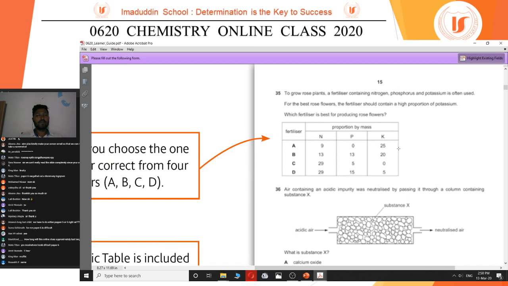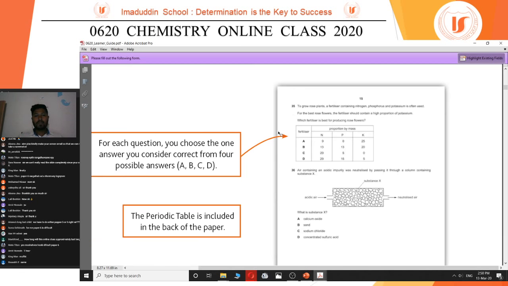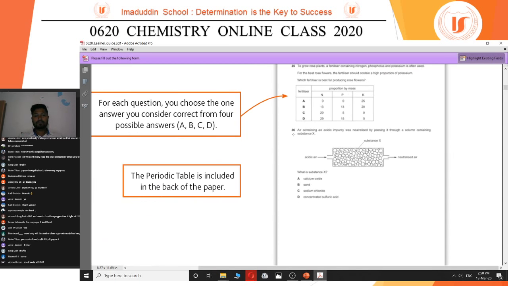Please do not do that. If the examiner sees any other option highlighted, they will not give any chance and you will get 0 for that question. So please keep this in mind.